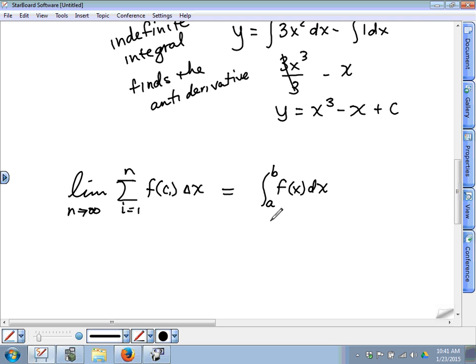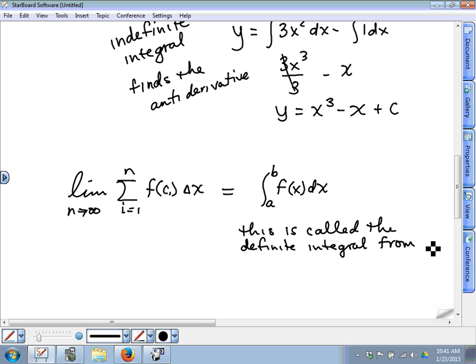Okay. So this is called the definite integral from A to B. A is the lower limit, B is the upper limit.